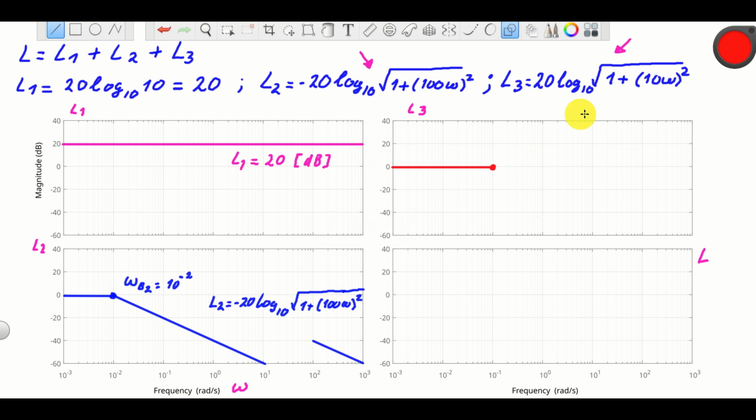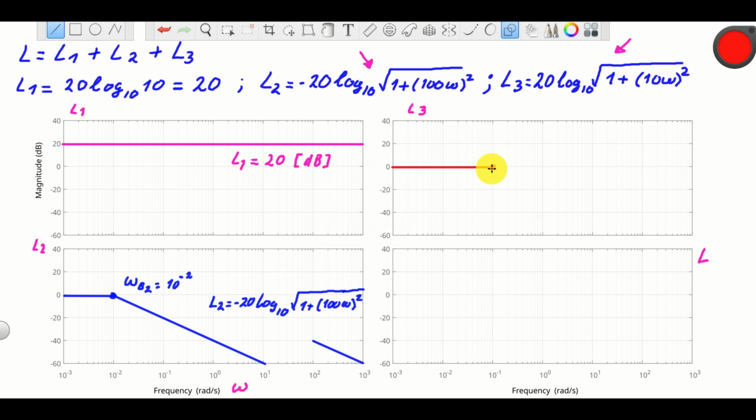Now, for omega much higher than the break frequency, that is, than this frequency over here, we have the approximation of the function that looks like 20 log with the base of 10 square root, and then this one can be neglected since this term is more dominant for higher frequency, and we will have 20 log with the base of 10 of square root of 10 omega squared, and that's simply 20 log with the base of 10 of 10 omega.